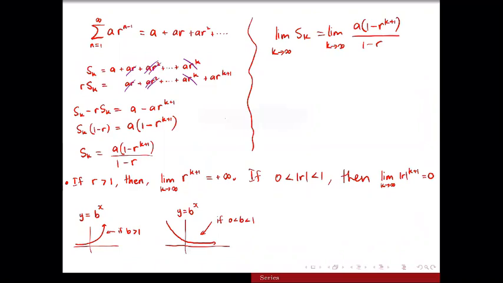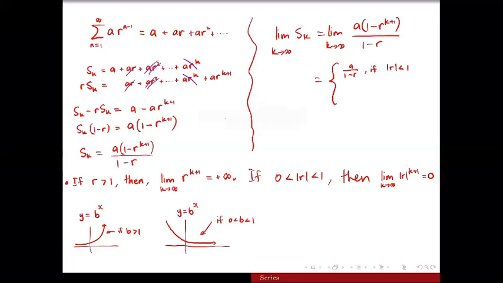This is equal to a over 1 minus r if the absolute value of r is less than 1.